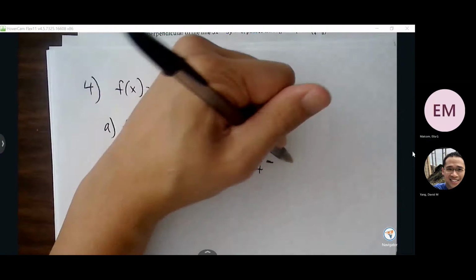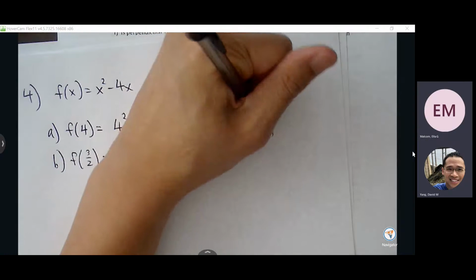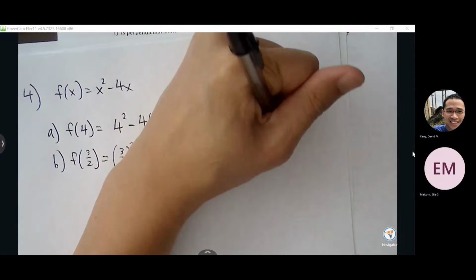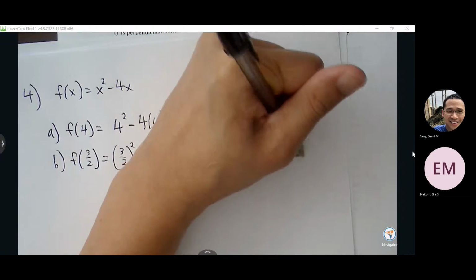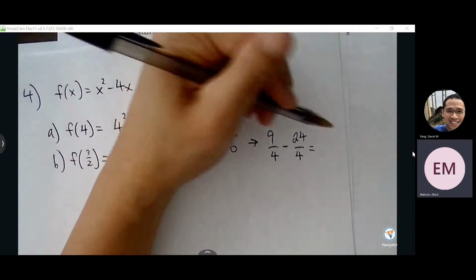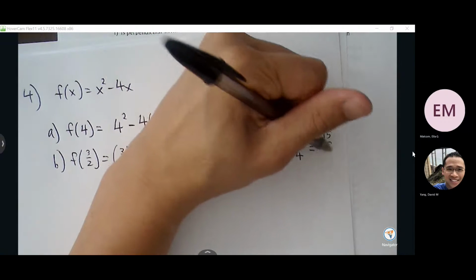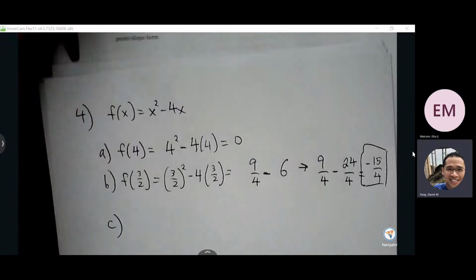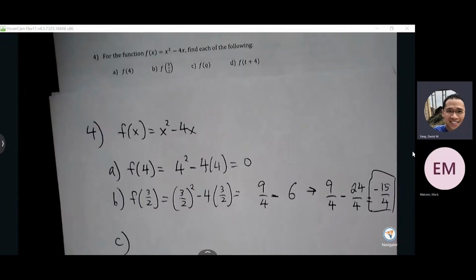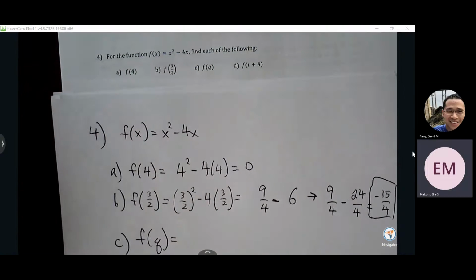Could I leave it like that? Yeah, that's fine. But if we wanted to find common denominators, so 9 minus 24. So negative 15 over 4. Okay, same process. Just feels a little bit strange with the variable.